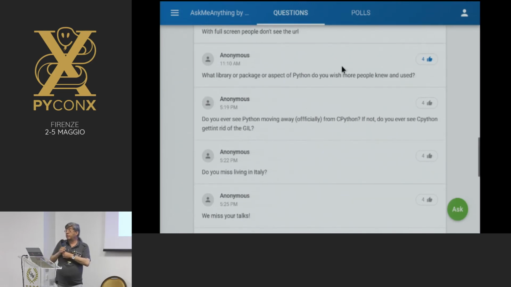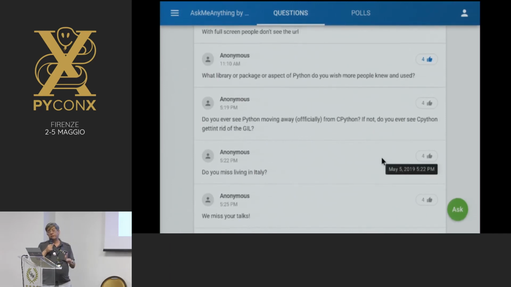Okay. What library, package, or aspect of Python do you wish people knew and used? Iterators, iterators, iterators. Itertools is your friend. It's one of the best documented bits. Study it. Understand why, in the vast majority of cases, it makes more sense to produce something one item at a time rather than have everything in memory as a list.